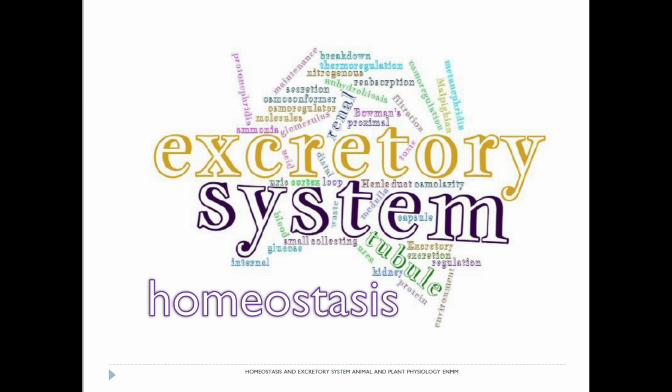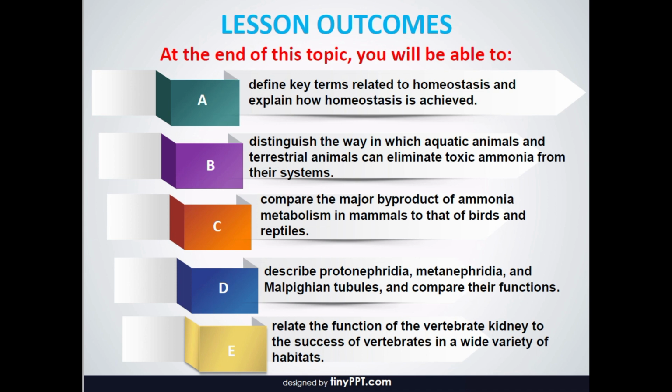For homeostasis we have lesson outcomes, around five lesson outcomes. By the end of the topic, each of you is expected to know and also understand, for example, define key terms, distinguish between aquatic and terrestrial animals, eliminate toxic ammonia from the system, and compare the major byproducts of ammonia.